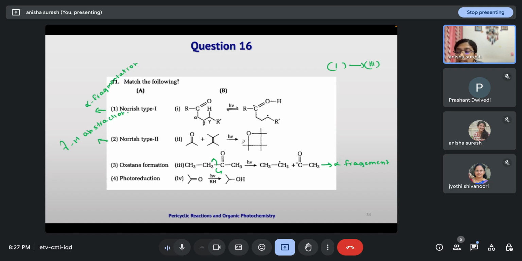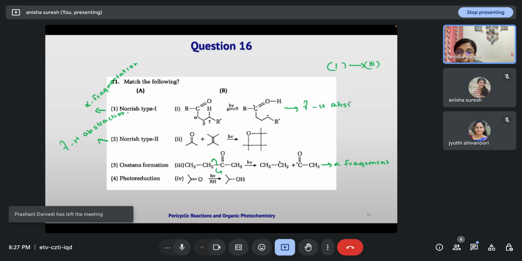So out of the other 3, which is having a gamma hydrogen abstraction? As you can see in option 1, here a gamma hydrogen abstraction is taking place leading to formation of this product. So 2 can be matched with this 1.